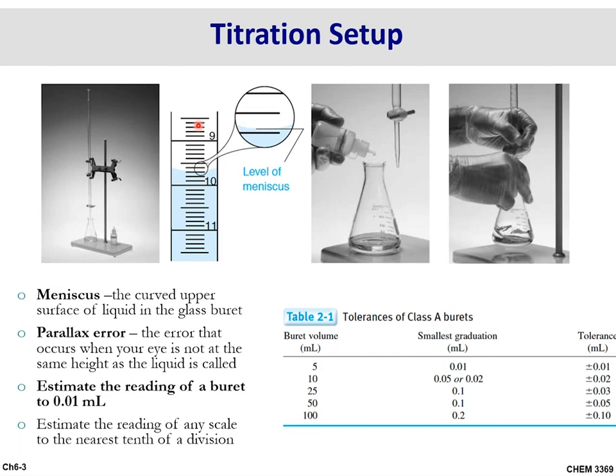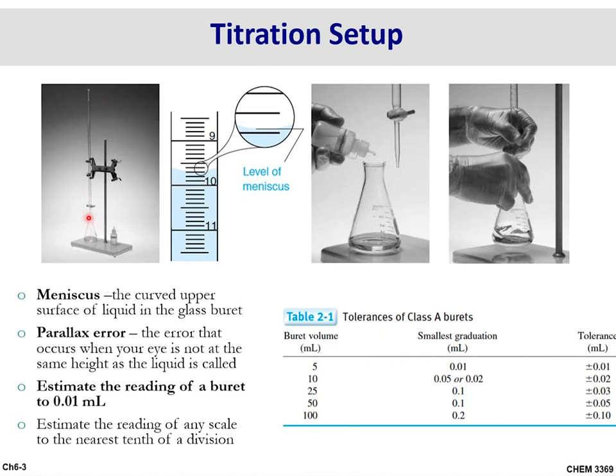This will transfer less than a drop of liquid into the solution. And of course, you need to swirl it to make sure that the liquid on the inside walls of the flask comes into contact with the bulk of the solution in the Erlenmeyer flask. Okay, so this is the burette.